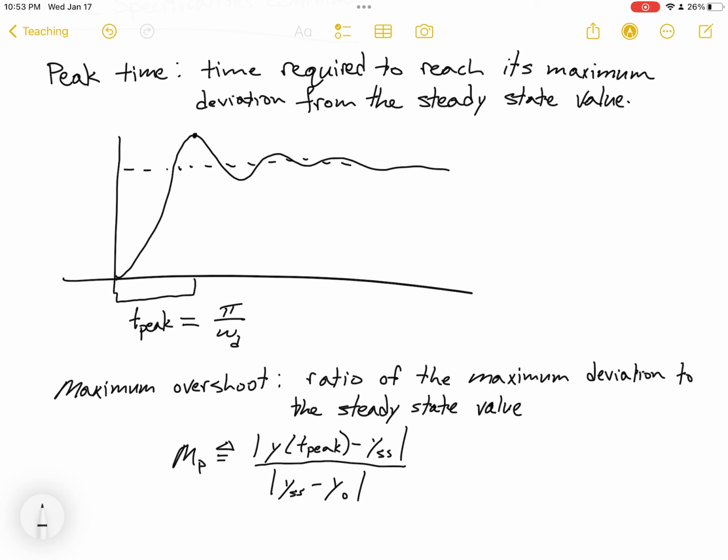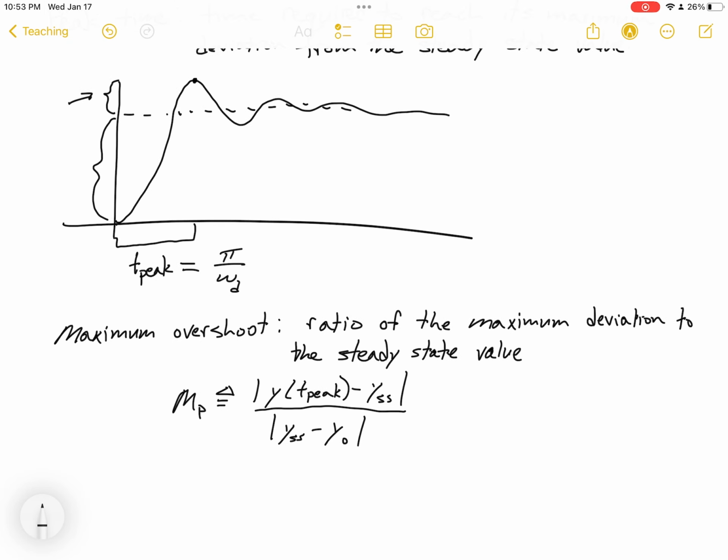So it's a comparison of this value to this value. So that's y of steady state minus y 0. And this first one is y of t peak minus the y of steady state.